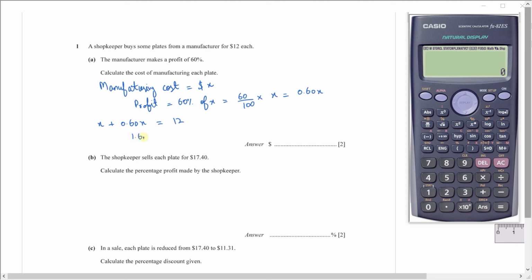So this will be 1.60X equals 12, and X will be 12 divided by 1.60. So 12 divided by 1.60 will be 7.5. So the manufacturing cost of each plate is $7.5.